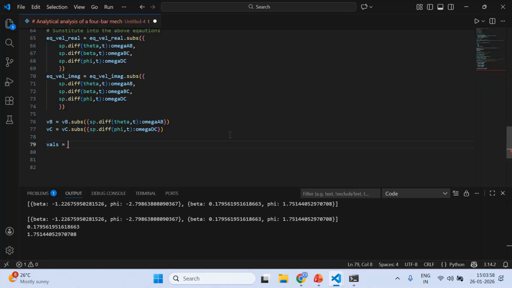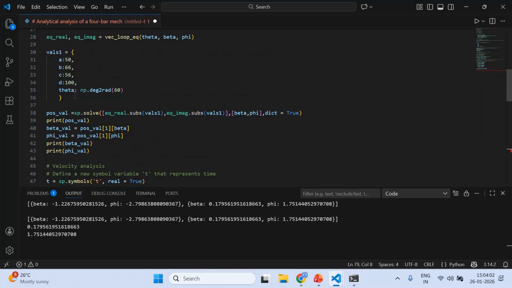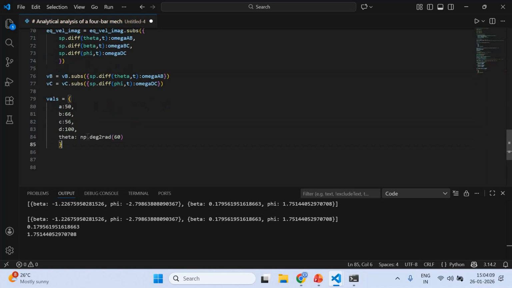So let me just pick it up from the top. Let us copy this part. This part will remain as it is because we are not changing the link lengths and the angle theta. So we will take up now two new values, that is beta underscore well, and let me just write it down.